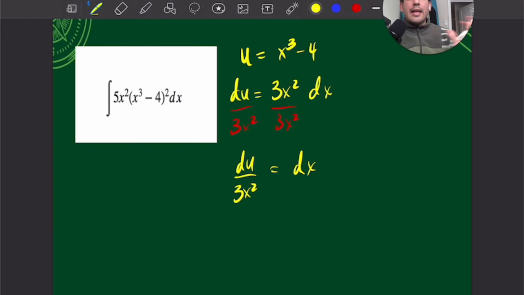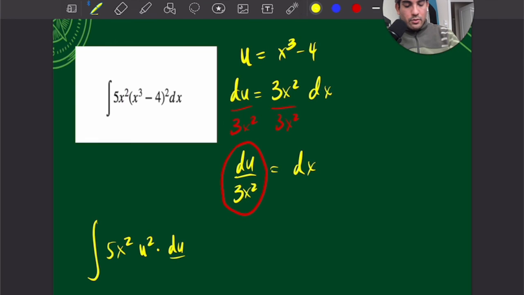All right, and now let's go ahead and go to our integral. We have the integral of 5x squared. We haven't really done anything much to that. But then because we made u equal to x cubed minus 4, I'm going to have u squared times, and then instead of dx, I know that now I can write du over 3x squared for that.